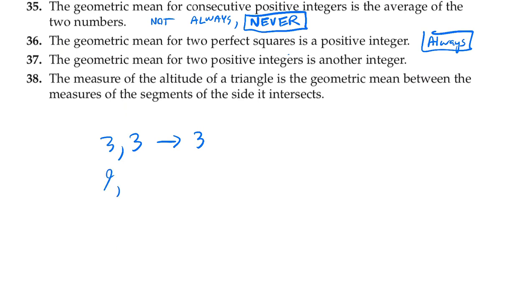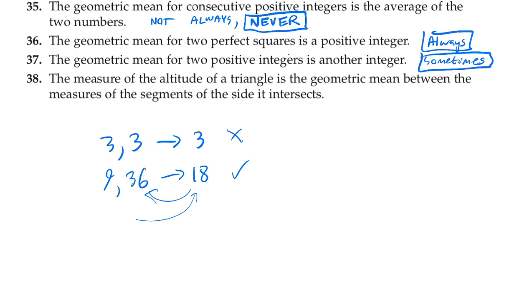We just showed that the geometric mean between 9 and 36 was, what, 3 times 6, 18? So sometimes it's true, and sometimes it's not true. So that's sometimes. Just to double check, 9 times 2 to get to there, and then times 2. Yeah, so 18 is the geometric mean. So that was sometimes.